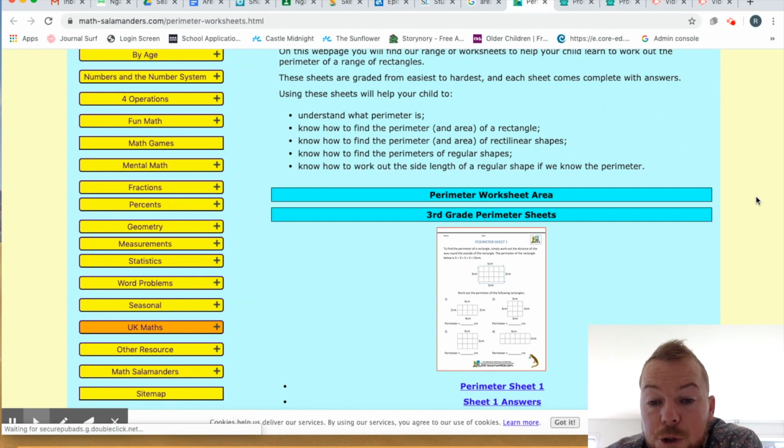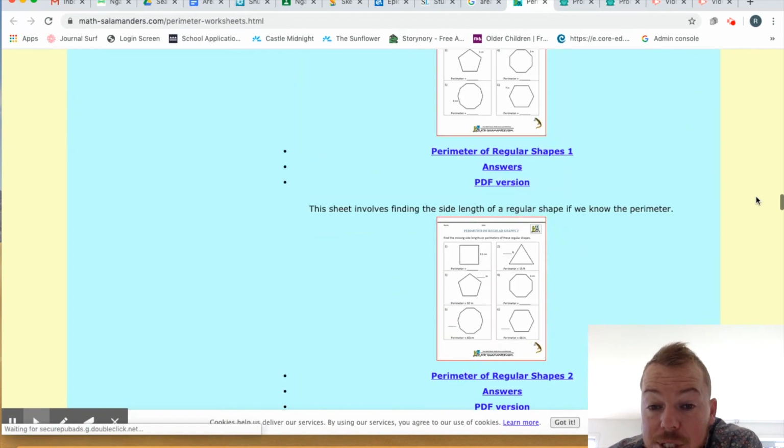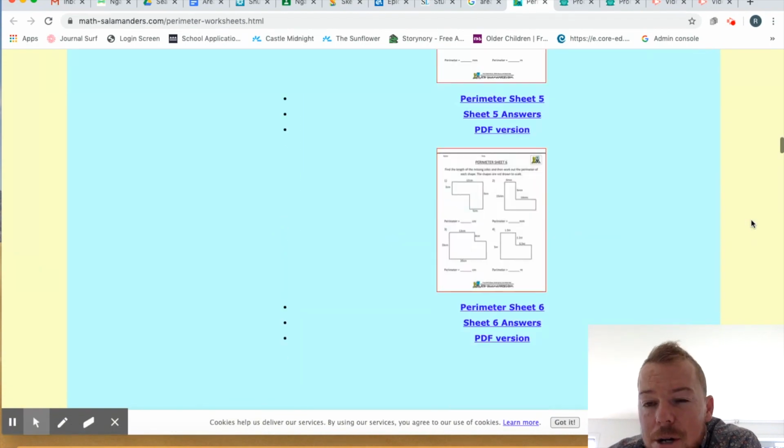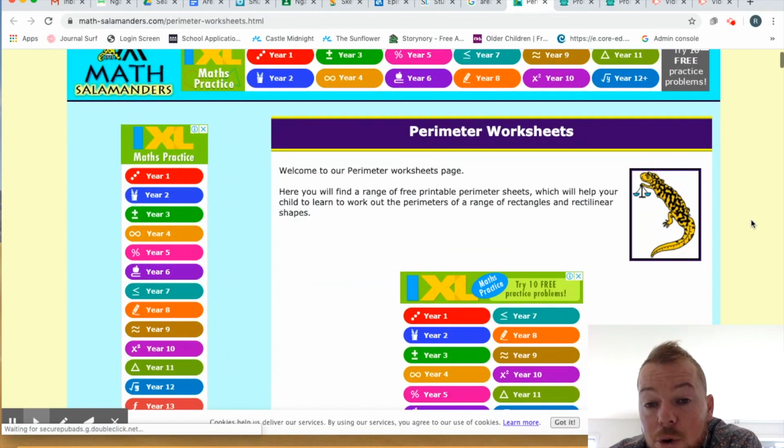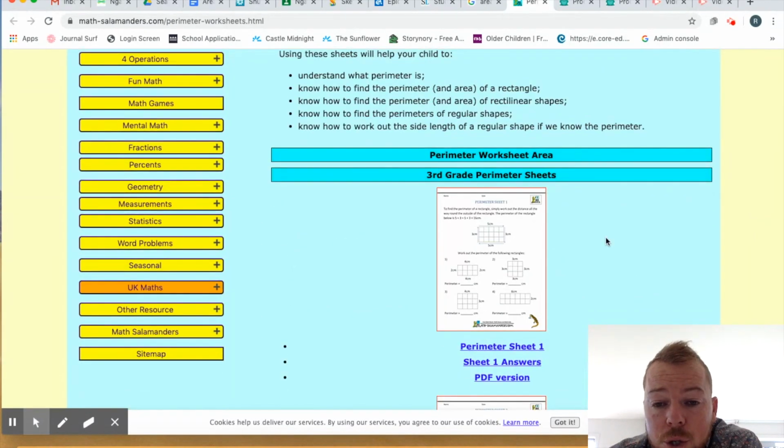So you can work with some more foundation area and perimeter worksheets up to some higher level stuff and working in with some different shapes, pentagons, hexagons. I'm trying to make the videos cater to a few more levels. So I'm trying to find follow-up work that you can do around different grades or different year levels.